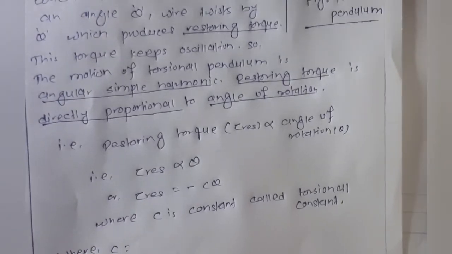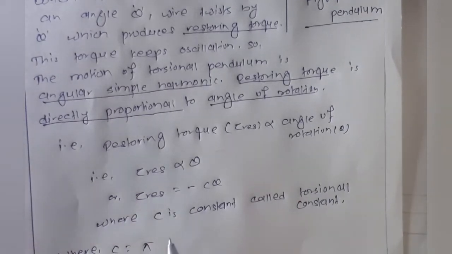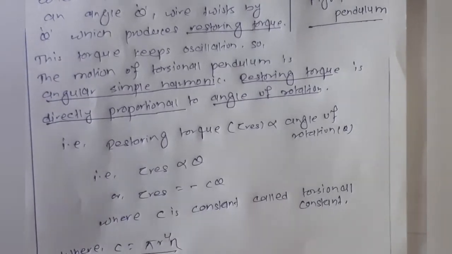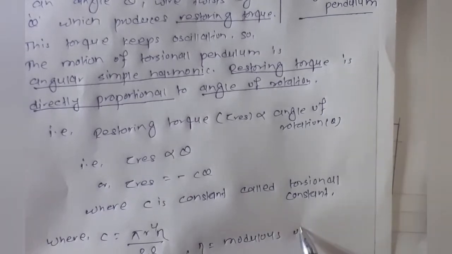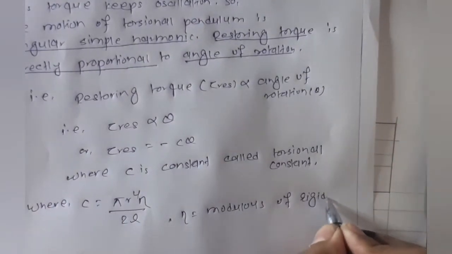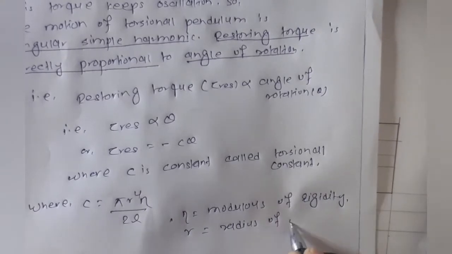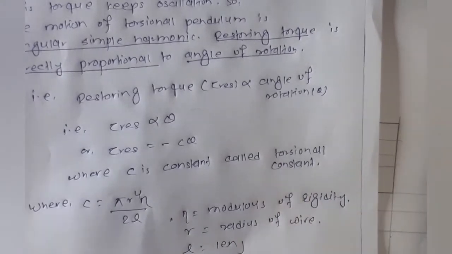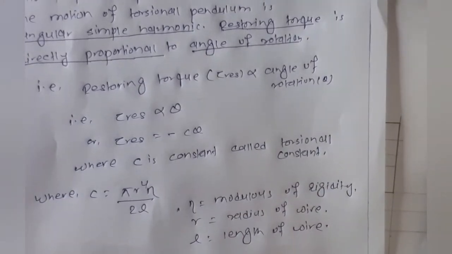The value of c is given by c equal to pi r4 eta upon 2l, where eta is the modulus of rigidity, r is the radius of the wire, and l is the length of the wire.